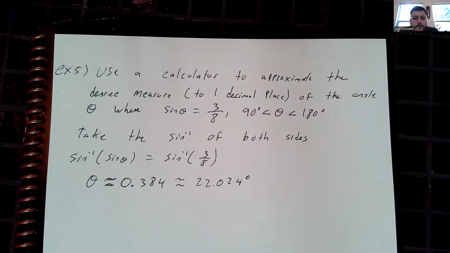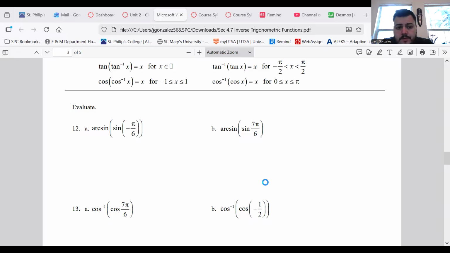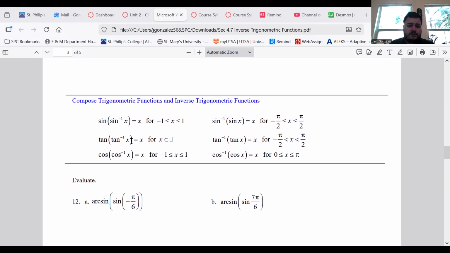Now let's look at these here. Remember we said sine inverse on the outside, so look at this right here. If the inverse is not the second one, sine inverse of sine, the x in question has to be between negative pi over 2 and pi over 2.